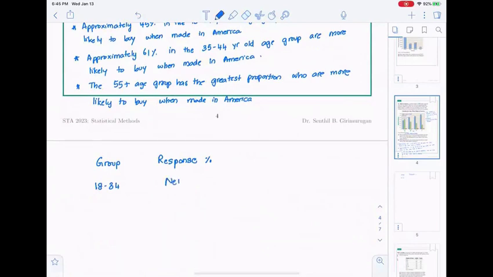So we have group, which is the age group, and the response category is one of those three.